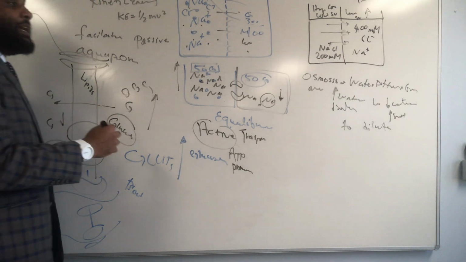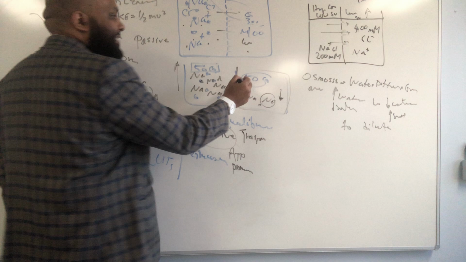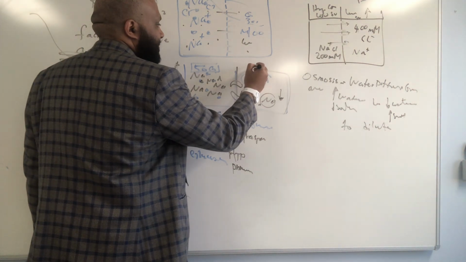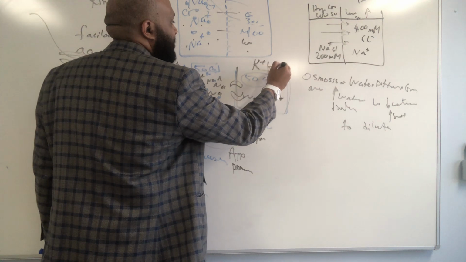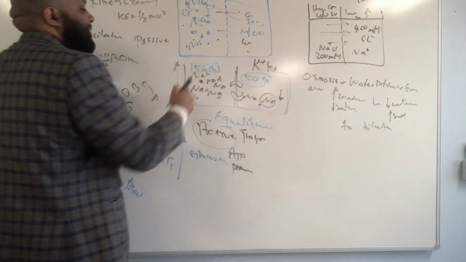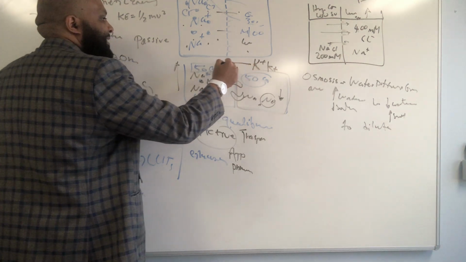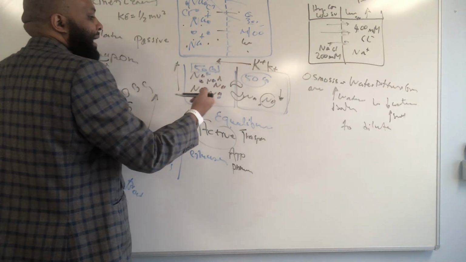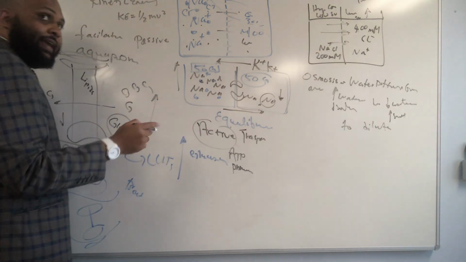So this sodium potassium ATPase is working the other way around. Inside the cell, there is a lot of potassium, and a lot of sodium outside. So potassium naturally passively diffuses out, and sodium naturally passively diffuses in.